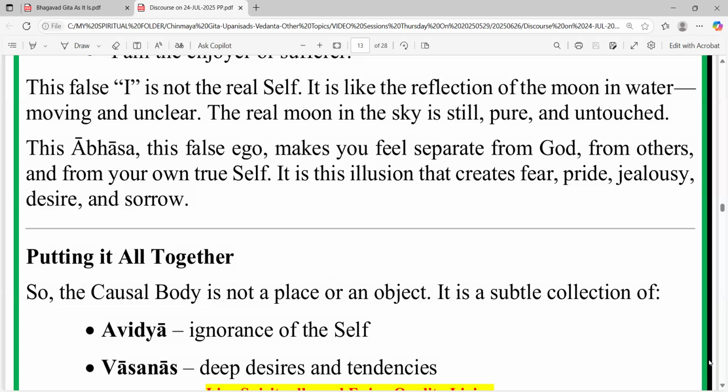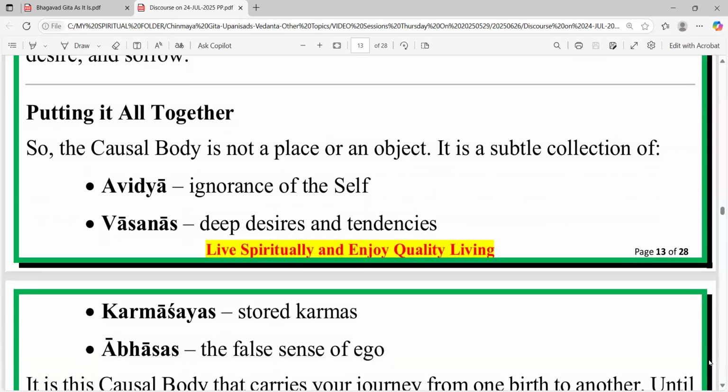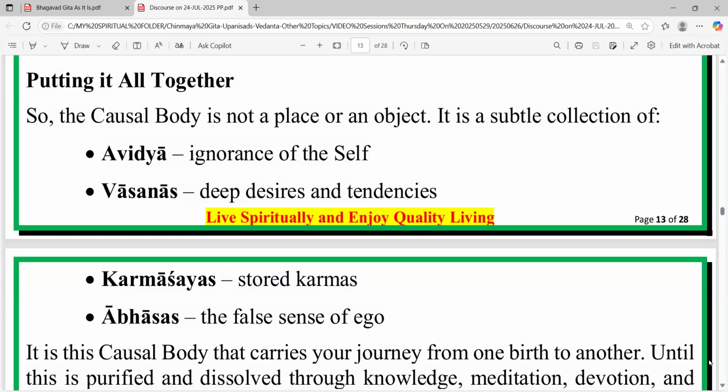This abhasa, this false ego, makes you feel separate from God, from others, and from your own true self. It is this illusion that creates fear, pride, jealousy, desire, and sorrow. Therefore, the causal body is not a place or an object. It is a subtle collection of, number one, avidya, which is ignorance of the self.